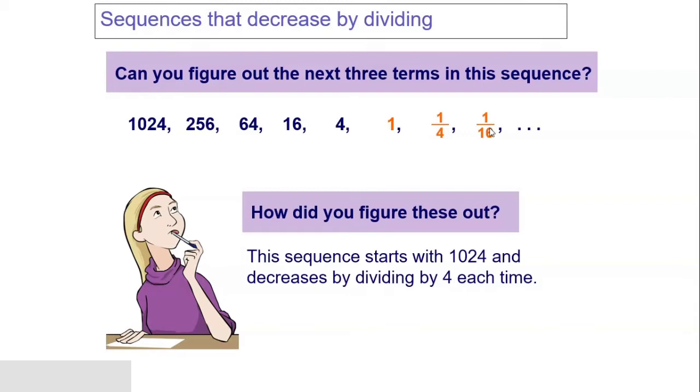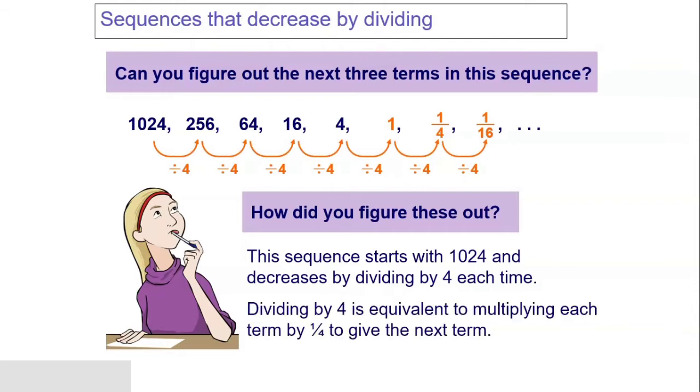So the sequence is decreasing. Dividing by 4 is equivalent to multiplying each term by 1/4 to give the next term. So you can also multiply by 1/4 to get 1 over 4 and 1 over 16.